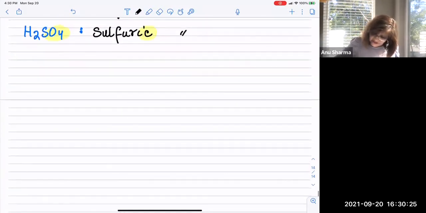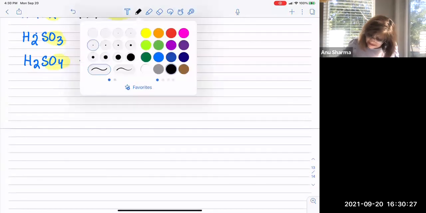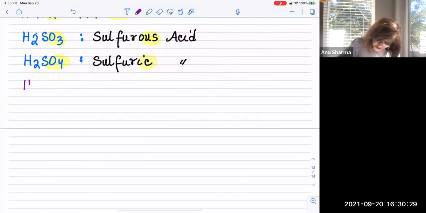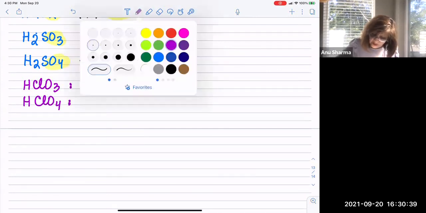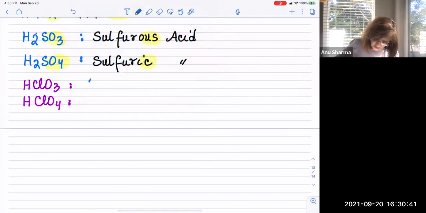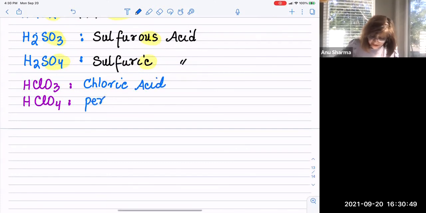Besides that, another thing is, for example, HClO3 and HClO4. Okay, so this is chloric acid, but this is perchloric acid. Remember the perchlorate ion.